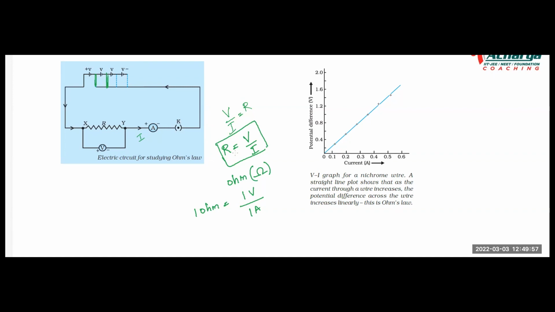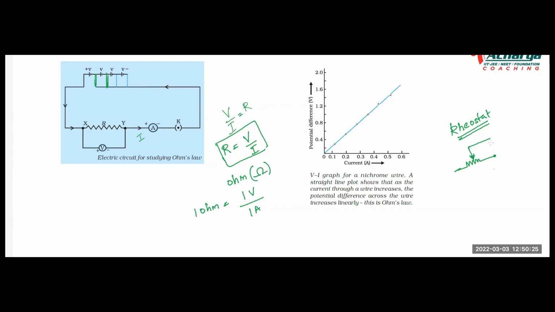In the previous video, we saw the symbol for a particular electronic component. There is a symbol like this, with an arrow coming from the top, and this is the symbol for a component we called a rheostat. We said that it is a variable resistance, right?